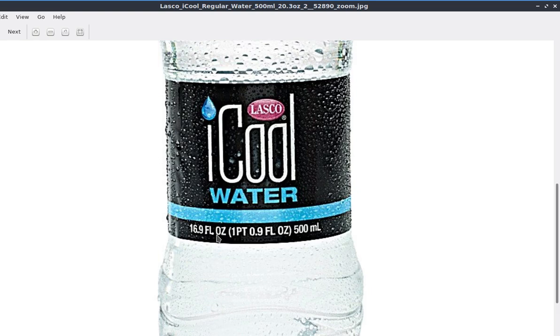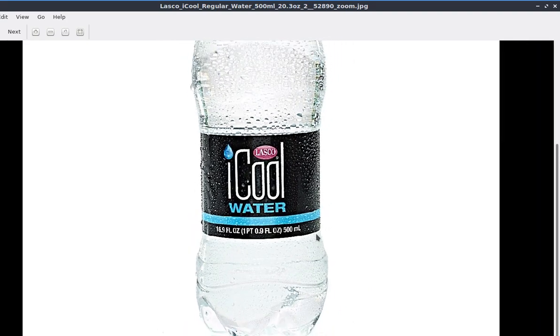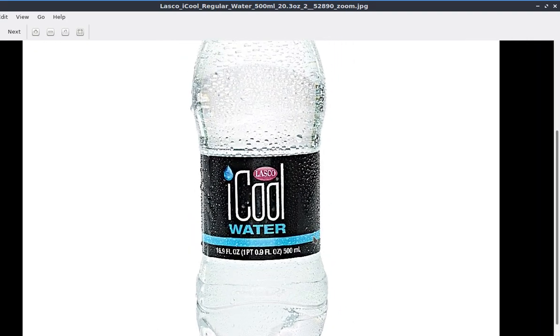Now, here, this is 16.9 fluid ounces, which is 500 milliliters. Alright?